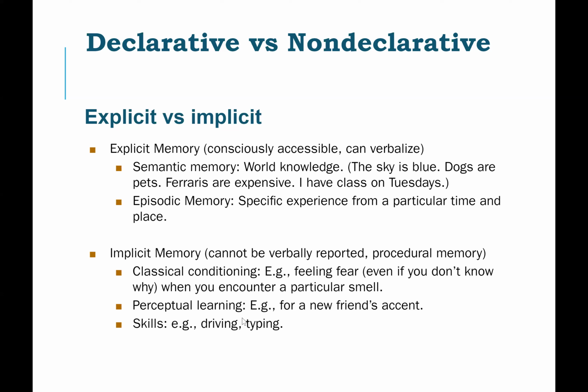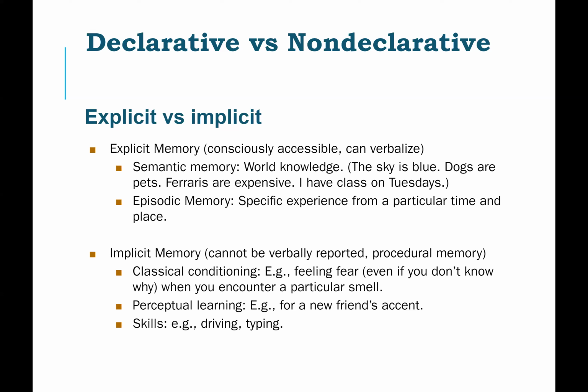Another example is procedural learning for a new friend's accent. So what does that mean? Sometimes you make a new friend and they have a certain accent, and initially you may not understand everything they're saying. But after a few encounters, after a few hours of conversation, you pick up on their accent.